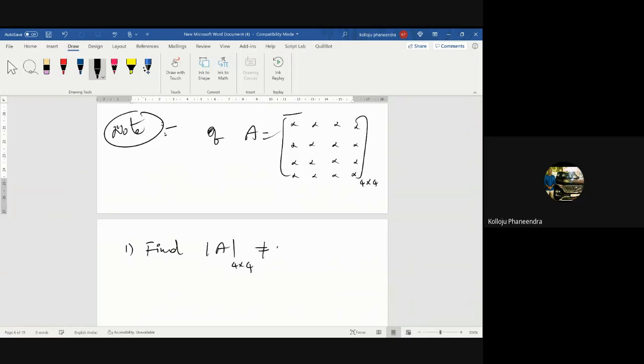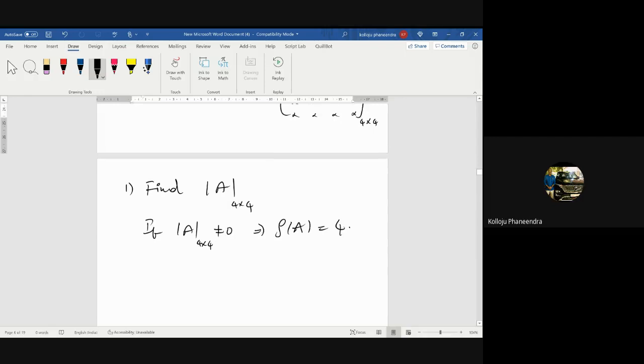If determinant of A 4 by 4 is not equal to 0, then what is the rank? 4. Understood? Is the first point clear?